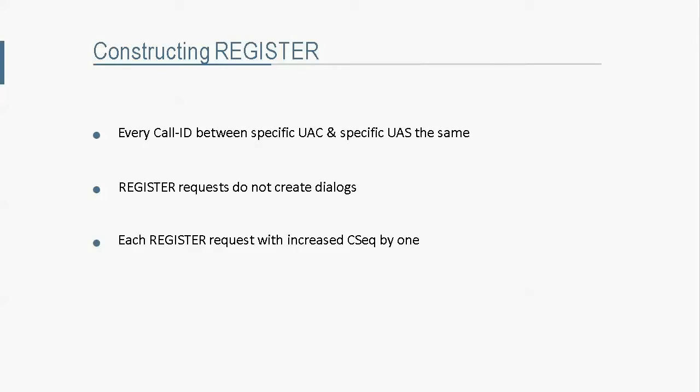Well, this is where the CSeq header field comes to play. Each time a user agent client sends a REGISTER request, it has to increase the CSeq header field value by 1. That is how the user agent client and user agent server know the order of received requests and responses.